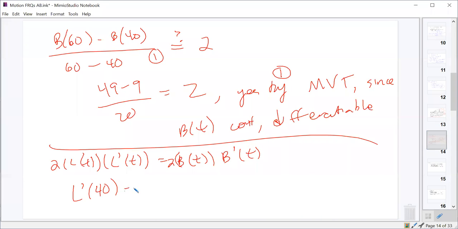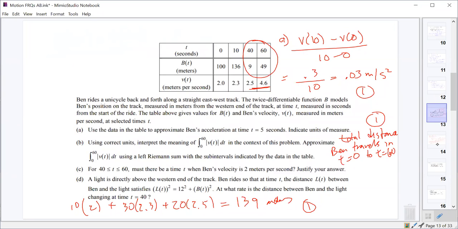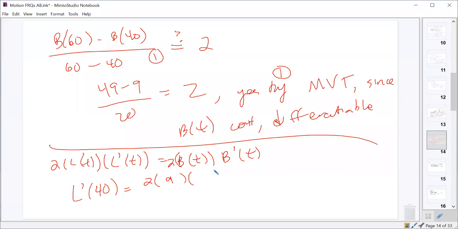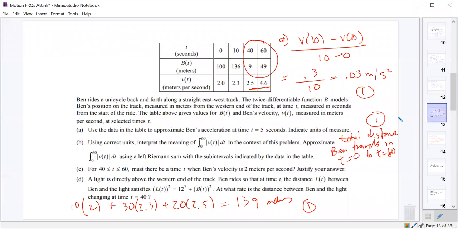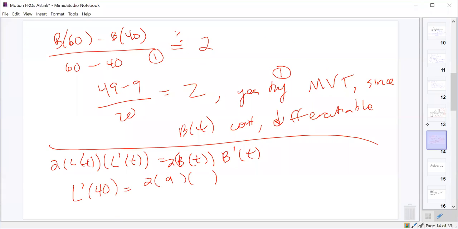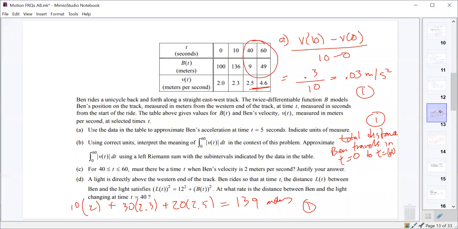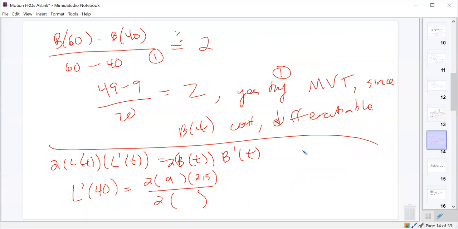So L prime of 40 ought to be 2 times b of 40, which was 9, times b prime of 40, which was 2.5, divided by 2 times L of 40, and L of 40 ought to be, we can find that from here. So L of 40 ought to be, I don't have the equation written there.